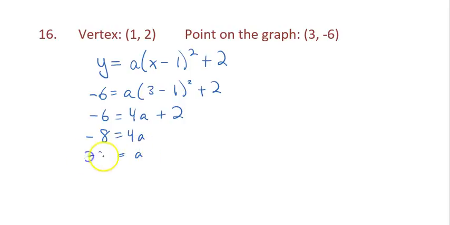So that'll give me a to be negative 2. That means that the equation they're looking for has a negative 2 in front of the parentheses. And this is more specific than those with the zeros that we just did. We know this for sure, and there's only one option for this answer.